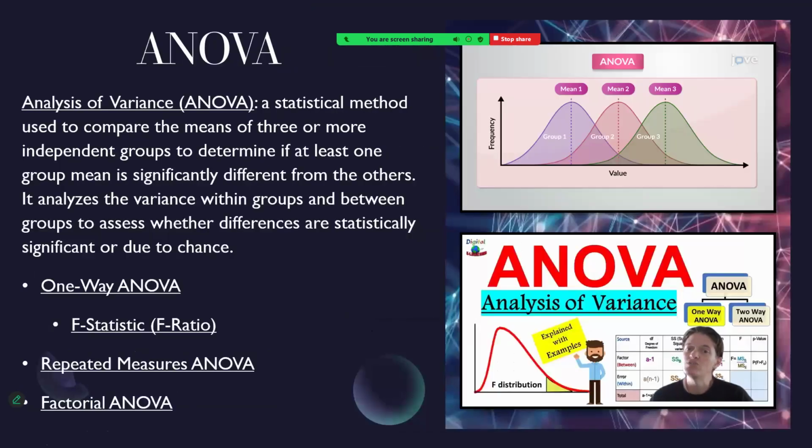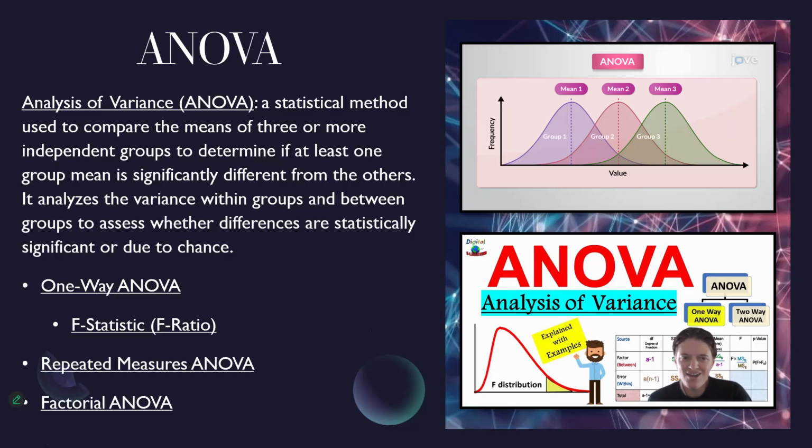Another thing that we can use, much more involved, but another method is ANOVA, or analysis of variance. This one is a statistical method where we can compare the means of three or more independent groups to determine if at least one group mean is significantly different from the others. It analyzes the variance, hence the name, within groups and between groups to assess whether the differences are statistically significant or due to chance.